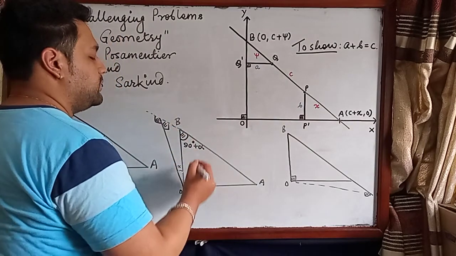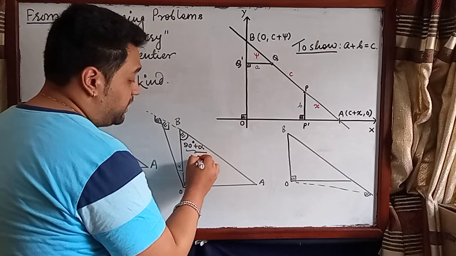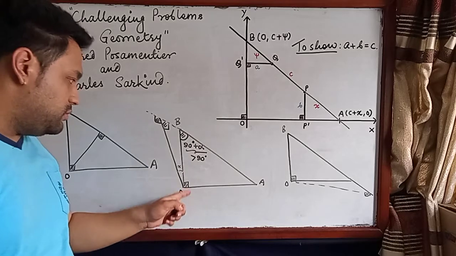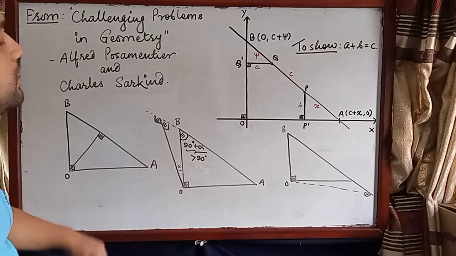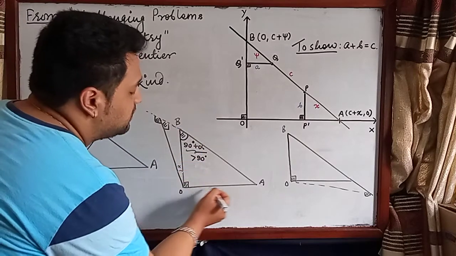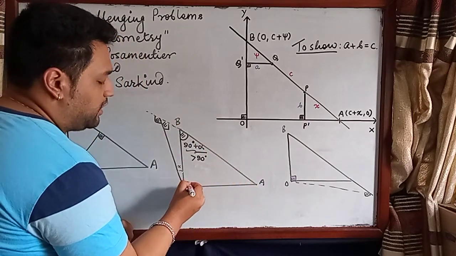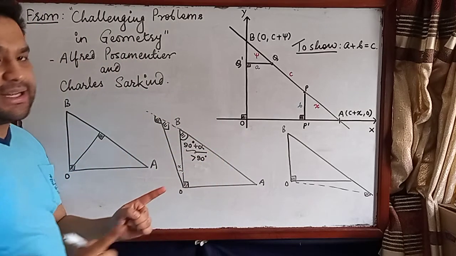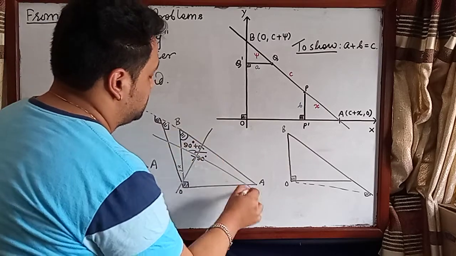But 90 degrees plus alpha means greater than 90 degrees. Is this possible? Can this angle be greater than 90 degrees? No, because this triangle is right angled, and here is the right angle. So these two angles must be less than 90 degrees. So this case is not possible.